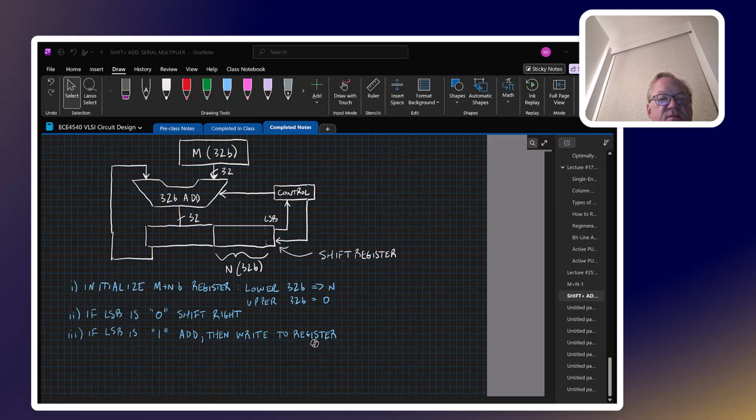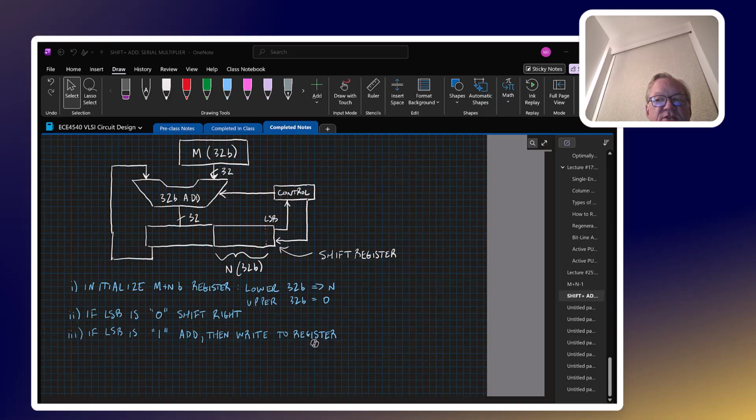So we can ask how this multiplier compares. So it's very slow. It takes n cycles, where n is the number of bits in the multiplier. It is small. It only has one adder, a register, and some control logic.